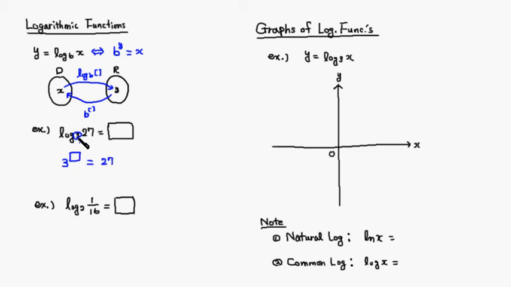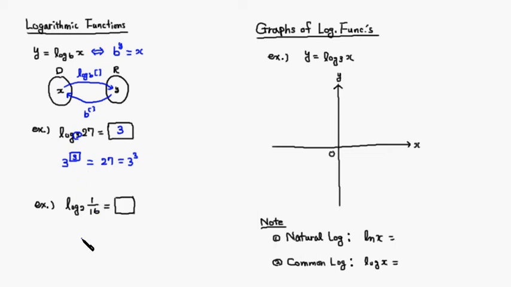But remember that 27 is 3 times 3 times 3, so it's going to be 3 cubed. So you know that 3 goes in the box. Therefore, log to the base 3 of 27 is 3.